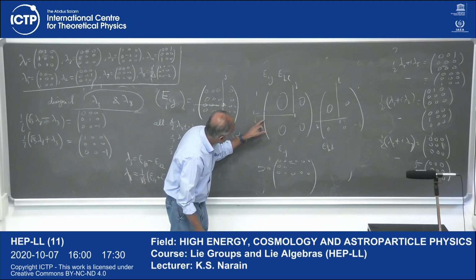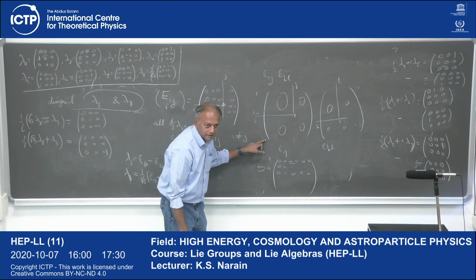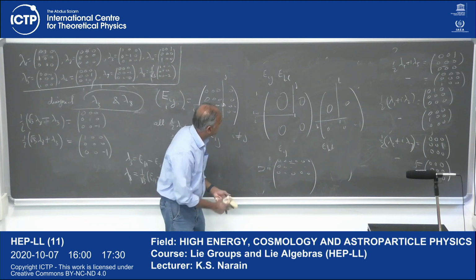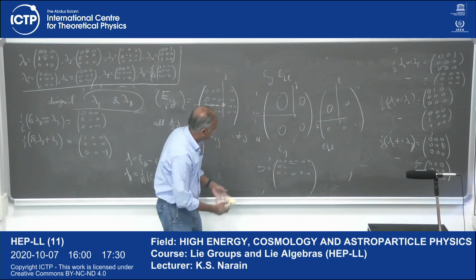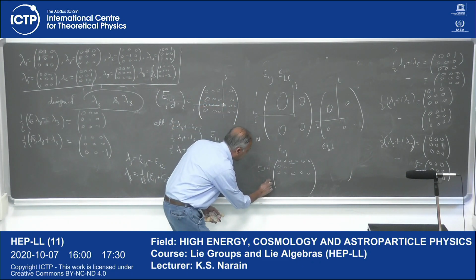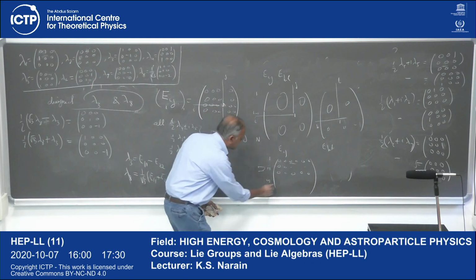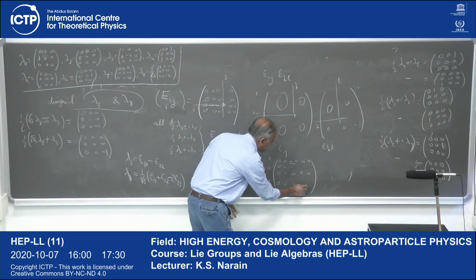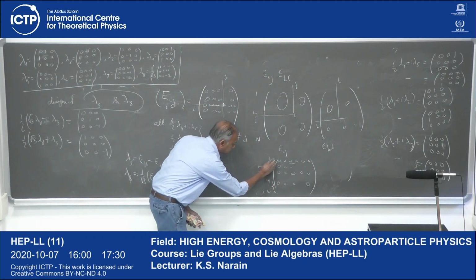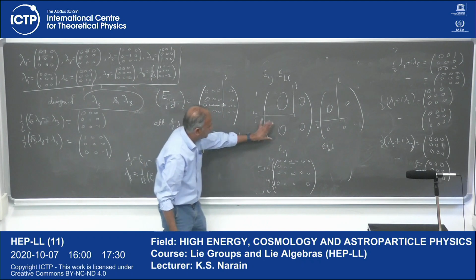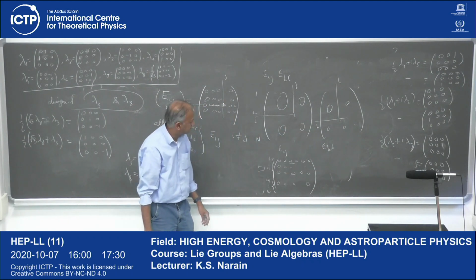The same thing happens from i plus 1 to n, for an n by n matrix. From i plus 1 up to the nth row, all of this will be 0. That's simply because all these rows are 0, so nothing happens, right?